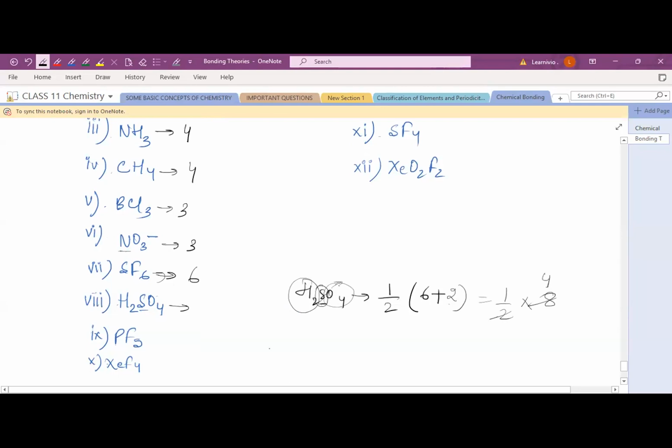Yes, Aisha, tell me the last ones, 9th and 10th. PF5 and XeF4. What is the steric number? I'm still solving. 1 minute. Okay, do that. We have discussed 1 to 8. Just check whether your answer is correct or not.